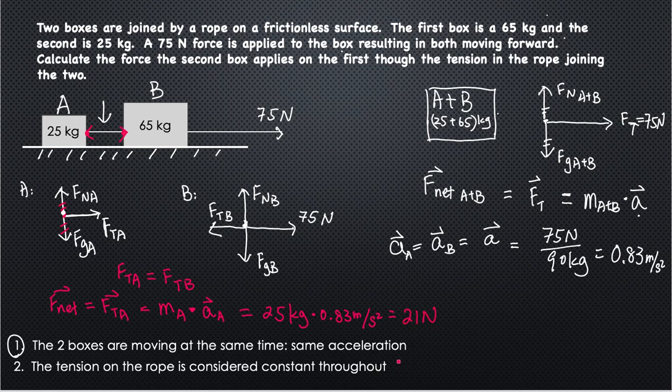21 newtons. And as we said earlier, the tension on the same piece of rope is considered constant throughout.